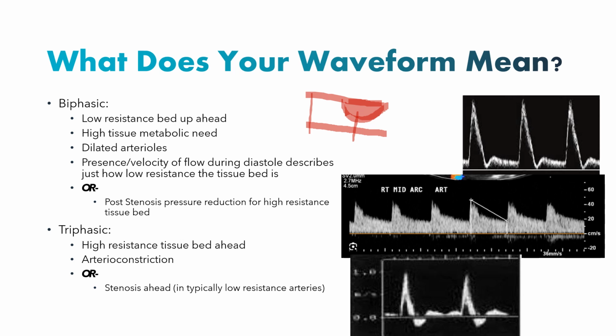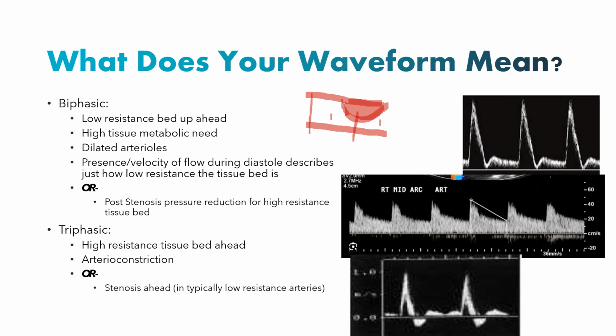So the amount of blood that gets through here is going to be lower than the amount of blood here, leading to a low pressure state post-stenosis. If that is the case, my tissues won't be getting as much blood as they need, and therefore they will undergo arterial dilatation, which could result in a lower than expected resistance waveform.